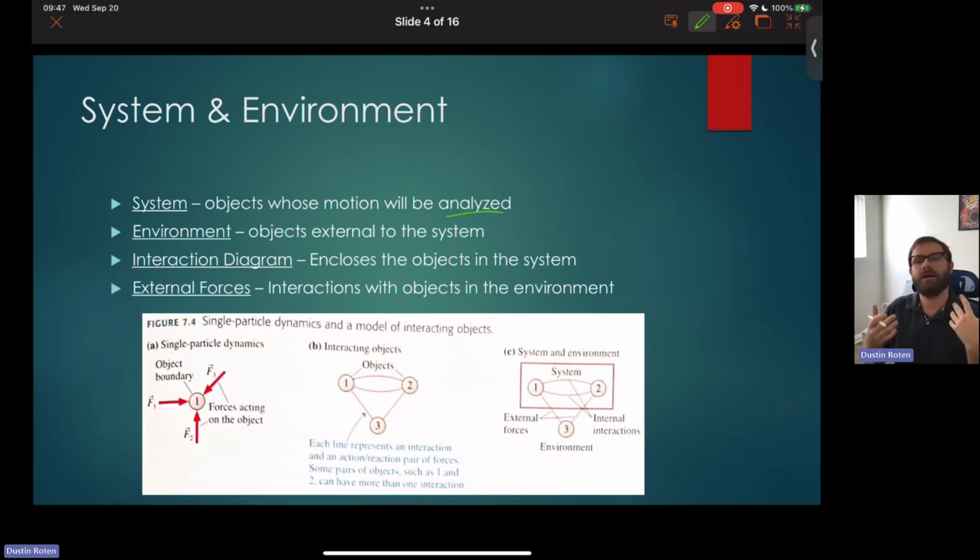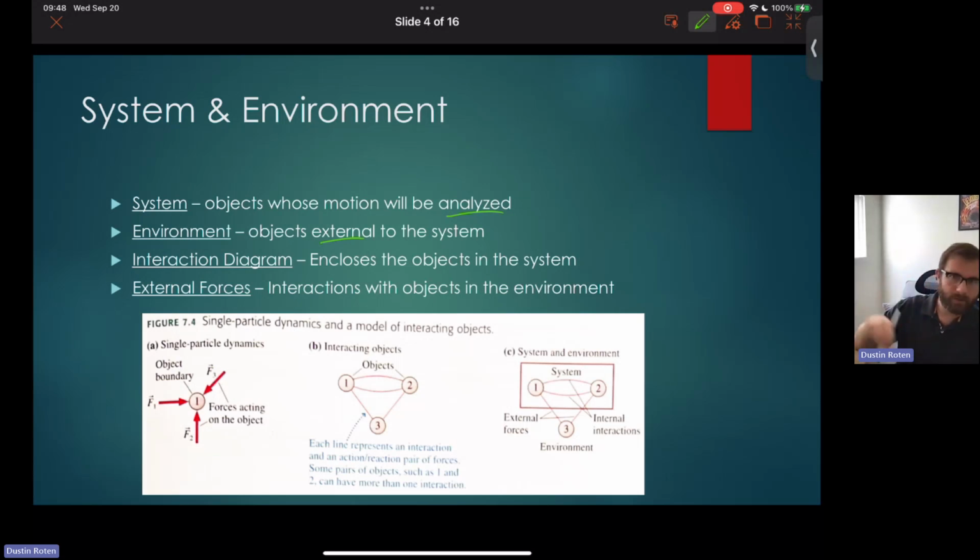Now the environment is everything else not in the system. That'd be like the wall acting on the nail, even though we're not interested in the wall. It would be the Earth acting on the hammer and the nail, even though we're not interested in what the Earth is doing. It's all the stuff outside our little system that we've defined. So external is the key word there.